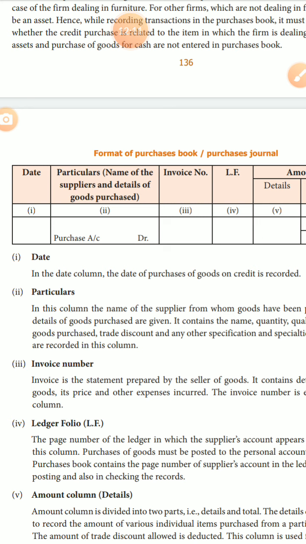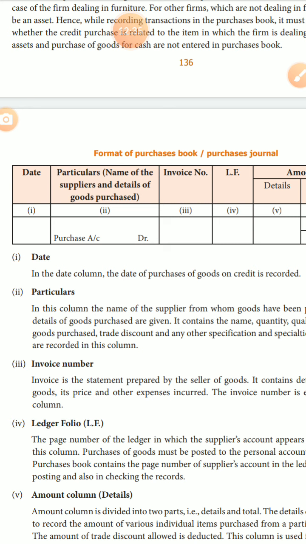The invoice number is entered in this column. Third column is invoice. You enter only one number, the invoice number, in this small column.